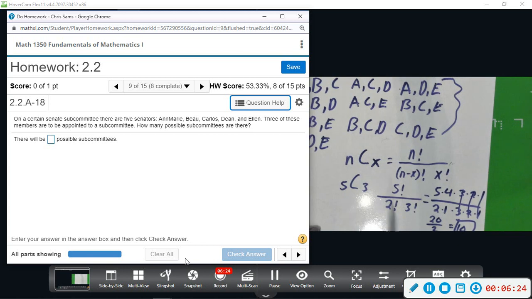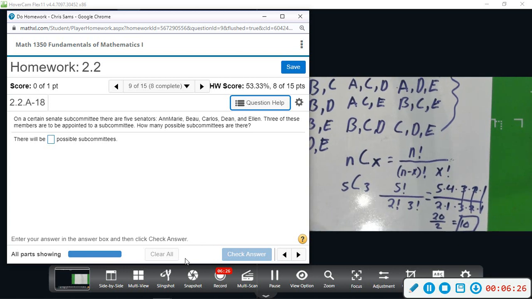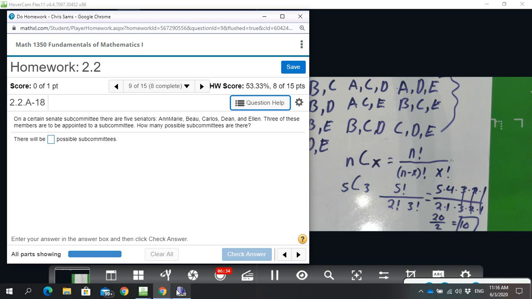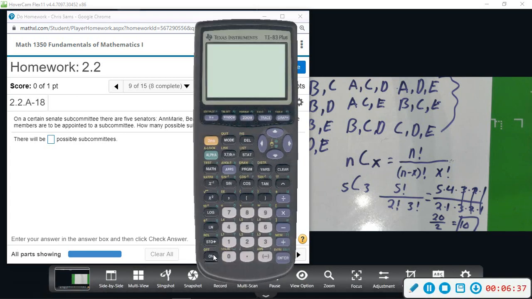This method is also in the calculator. So I'll show you how to do that, and then we'll move on. In this calculator, I'm going to press second quit, and I'm going to insert 5 first, and then if we go to math, arrow back to probability, you see option number 3, nCr.